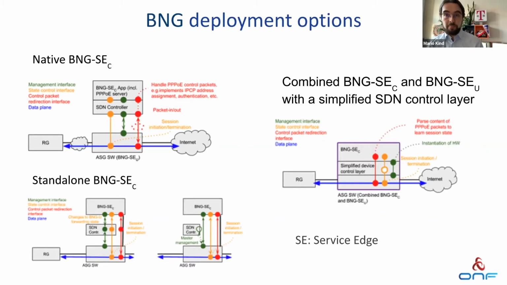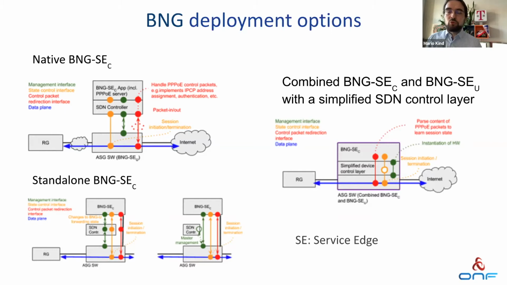disaggregated BNG. So essentially, there are three deployment options. I will start with the top left one, which is called the native BNG. The idea is to do straightforwardly what has been done in the past with an SDN controller, and that is to integrate the BNG service edge functionality as a kind of app or plugin on top of an SDN controller.